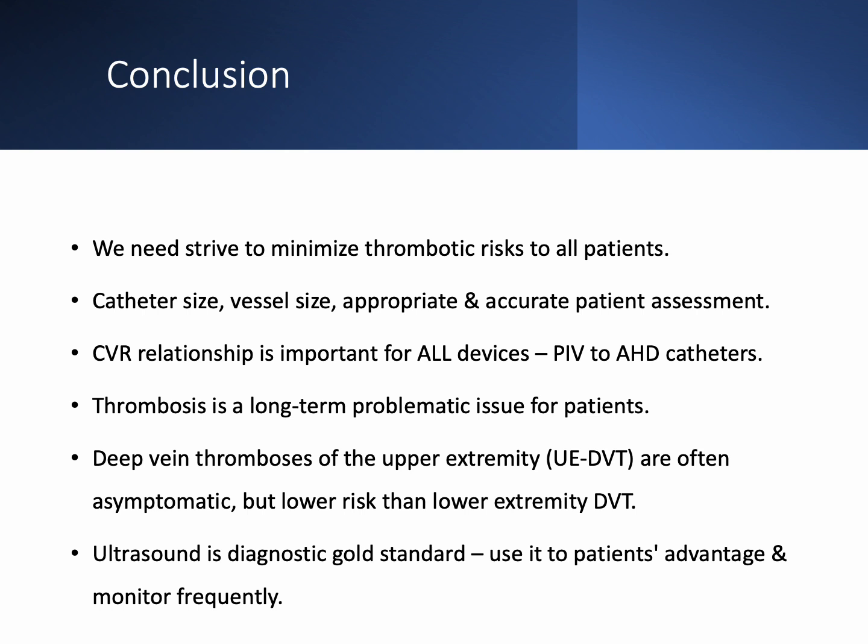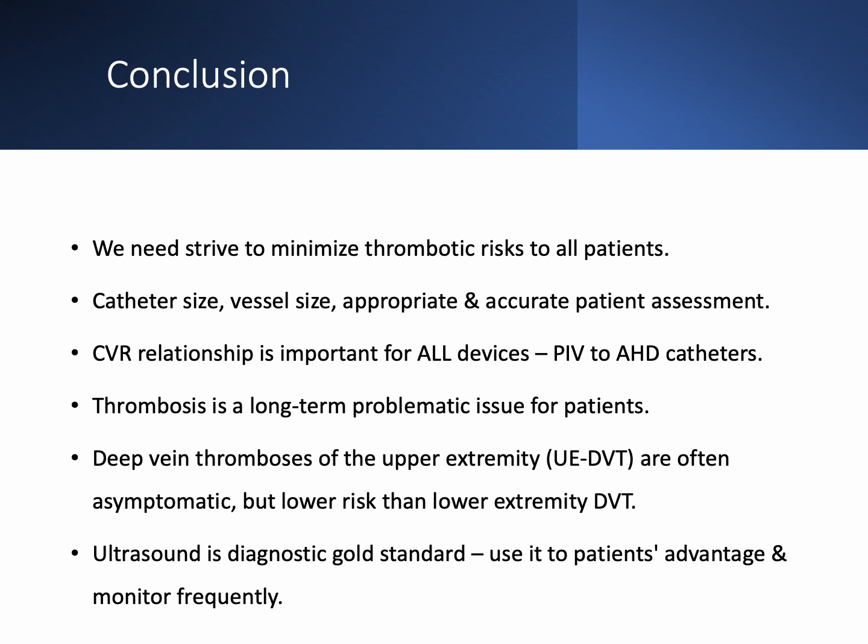In summary, looking at the evidence put forth today, and look, this is a fairly small portion of the published literature that is available to clinicians when it comes to catheter-associated thrombosis and venous thromboembolism. There's a lot of information out there, but there's a common thread amongst all publications in that we still need to try and minimize thrombotic risks across all our patient groups. That's neonatal, pediatric, and adult.